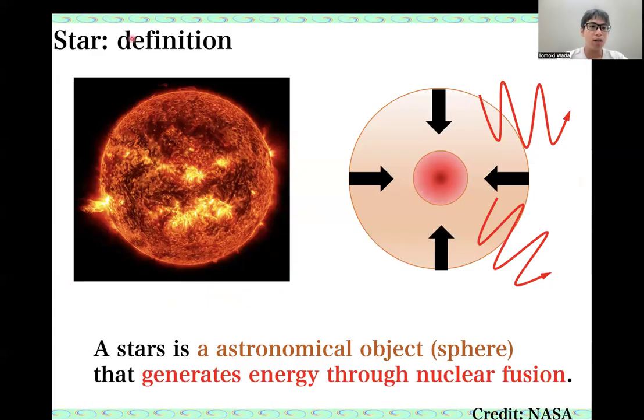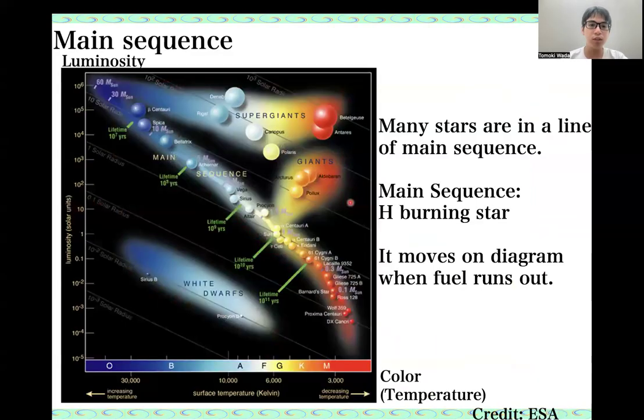So let's go back to the definition. A star is an astronomical sphere in force balance between gravity and pressure, and that generates energy through nuclear fusion at the center region, and the energy is released. From observation, we can measure the color of stars and luminosity of stars. And many stars are on this line.